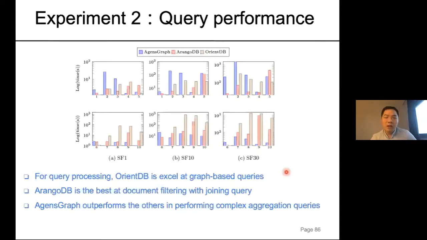So the main observation is that the query performance is highly relevant to their main model. For example, the OrientDB is based on the graph model, the ArangoDB is based on the JSON model, and the AgensGraph is built around a relational database.